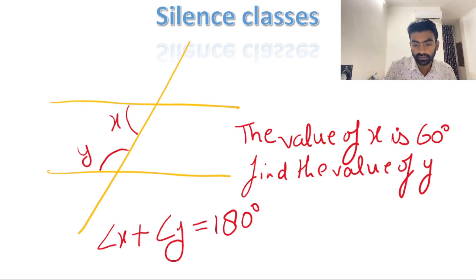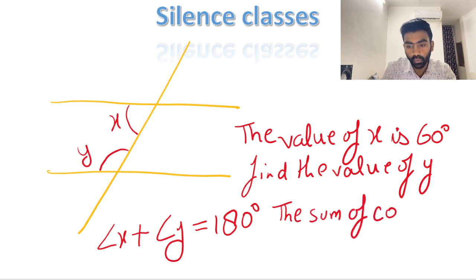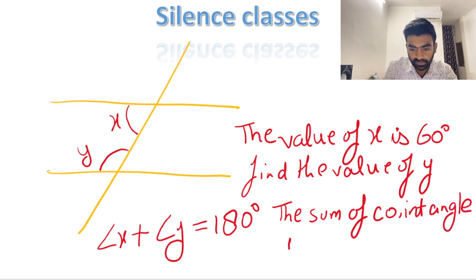Write it down, you have to remember this: the sum of co-interior angle is 180 degree. Take a screenshot or you can write it down, make a note of it.